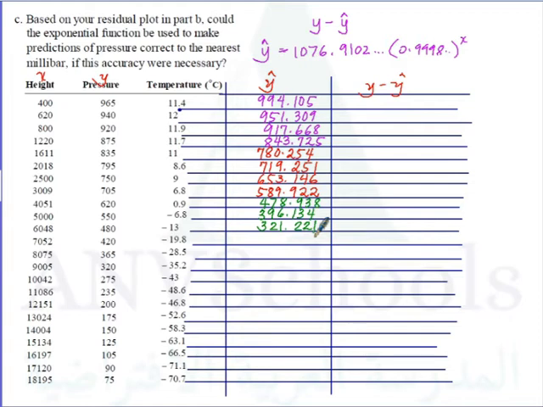then I have 262.778. Next I would like to use brown, and my x now is 8075.